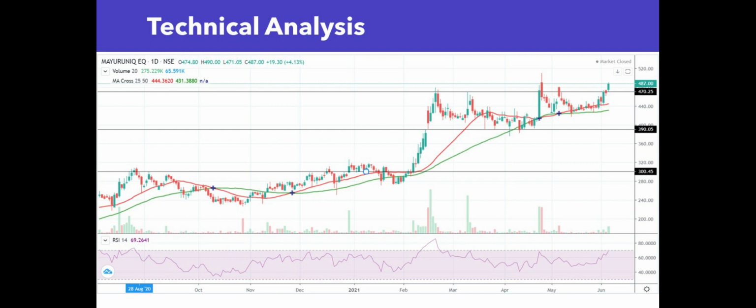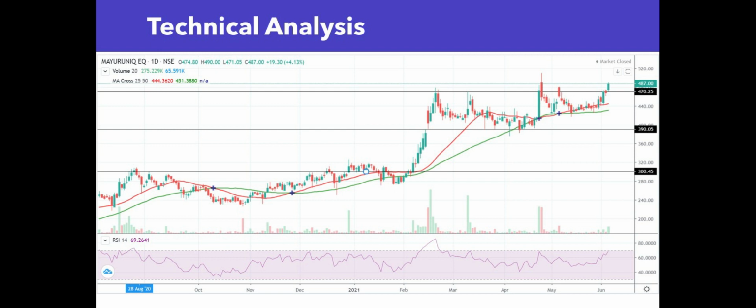If there's some correction, I think the best time to invest in the stock would be somewhere between 480 to 490 rupees per share. Also, if you look, the moving average cross line is showing a buy signal, as the short EMA line is above the long EMA line.